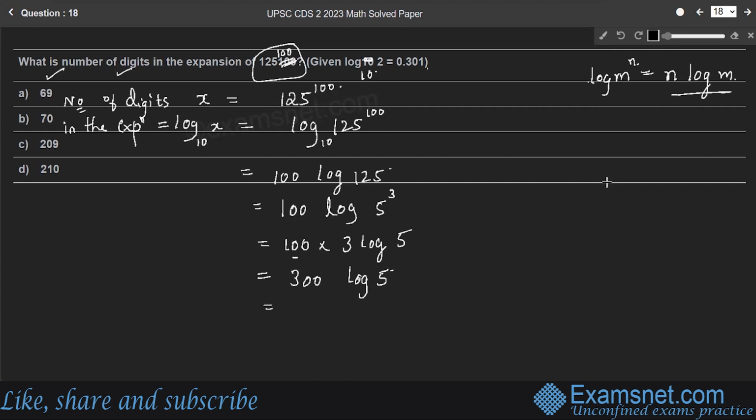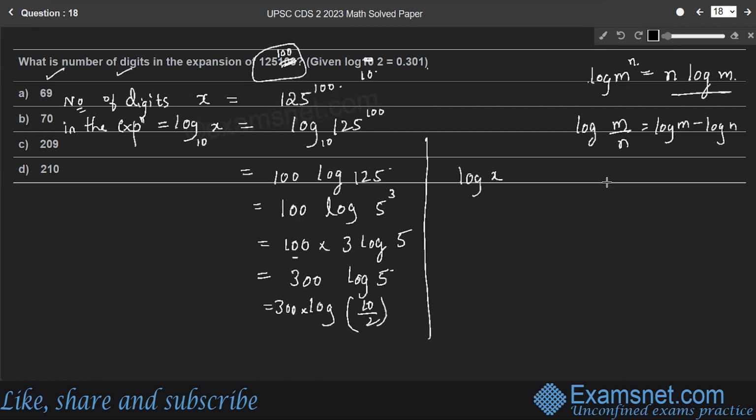So log 5 can be expressed as log of 10 by 2, which is in the form of log m by n, which is log m minus log n, right?